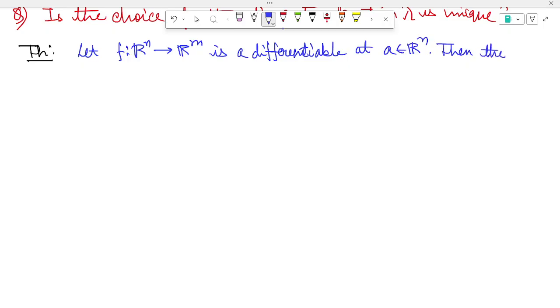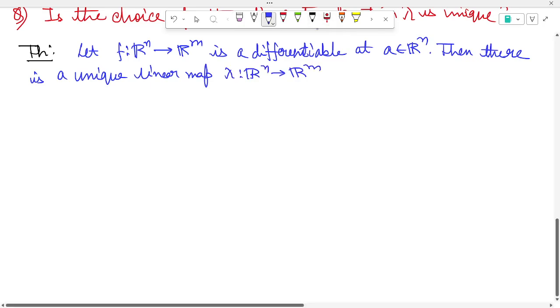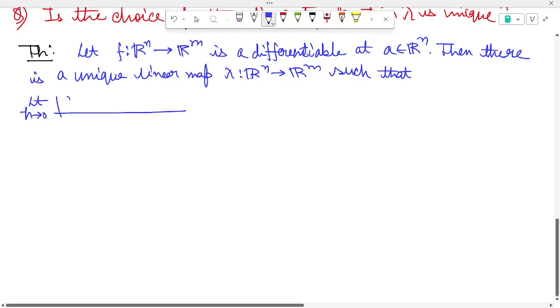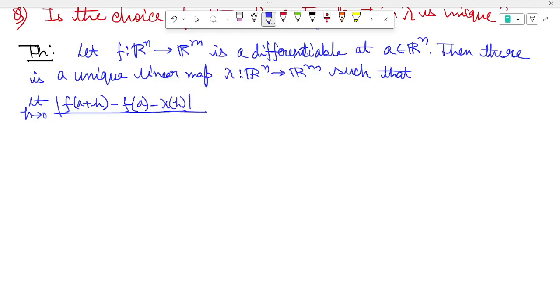Then there is a unique linear map lambda such that the limit as h tends to 0 of the ratio (f(a + h) - f(a) - lambda h) divided by the norm of h equals 0.